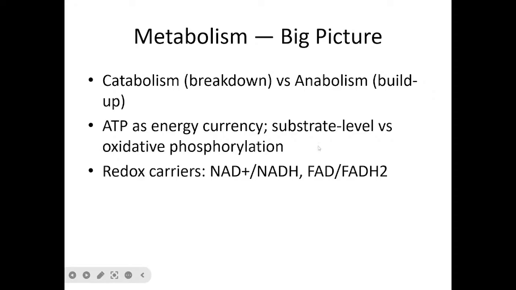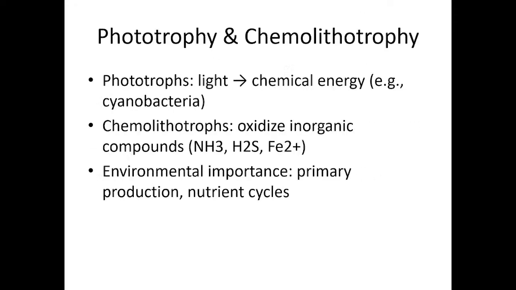Then we will also look at redox carriers like NAD/NADH, FAD, and so on. All these are part of what we call coenzymes. We are going to see more of this as we go on.